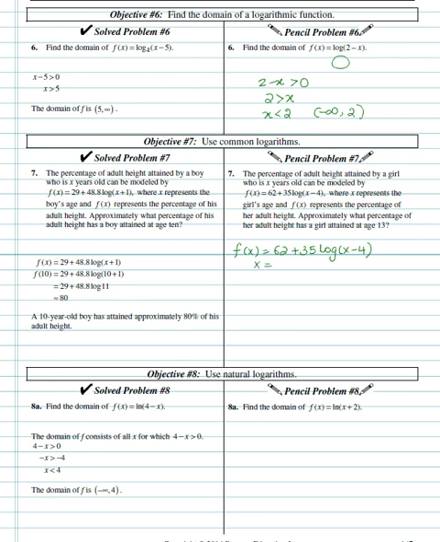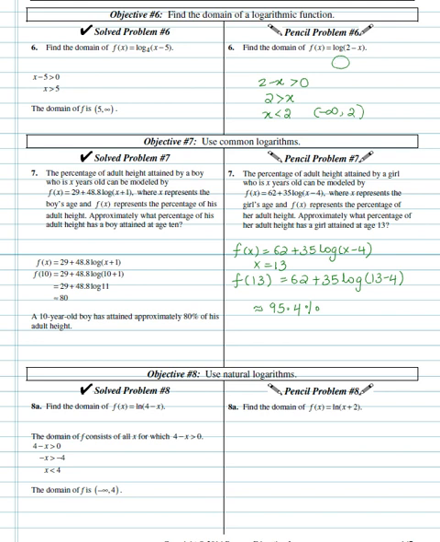So when x is 13, I'm simply going to plug 13 for x: 62 plus 35 log of 13 minus 4. When I do this, I get approximately 95.4%.